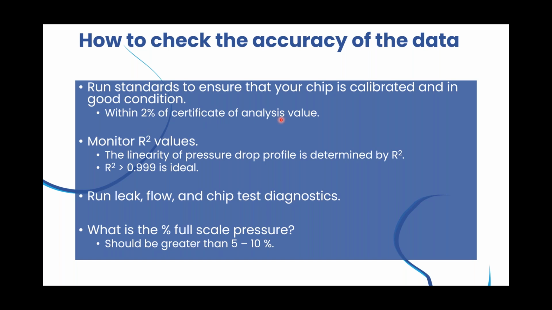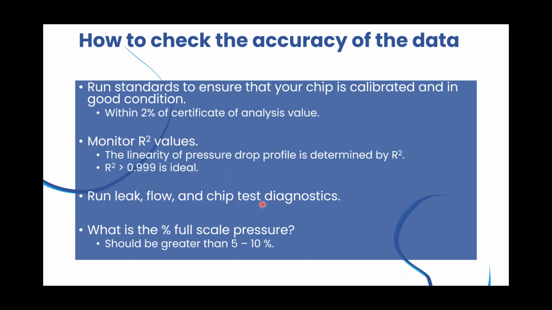Another way to check for accuracy is to ensure that the R-squared value of your data is high enough. Anything over 0.996 is good. Over 0.999 is ideal. Another way you can check if your chip is in good condition is to run diagnostics like the leak, flow, and chip tests, which are available with the MVROC2 and Initium.